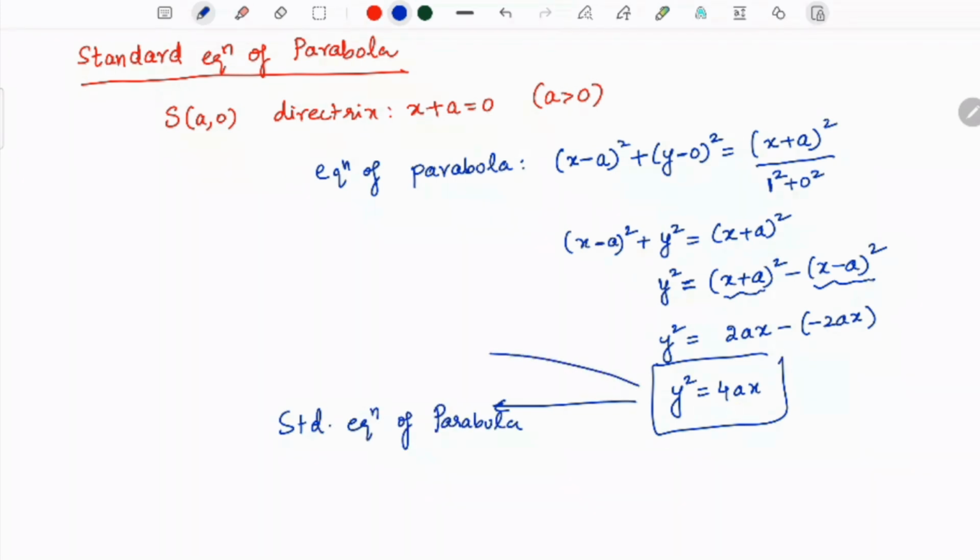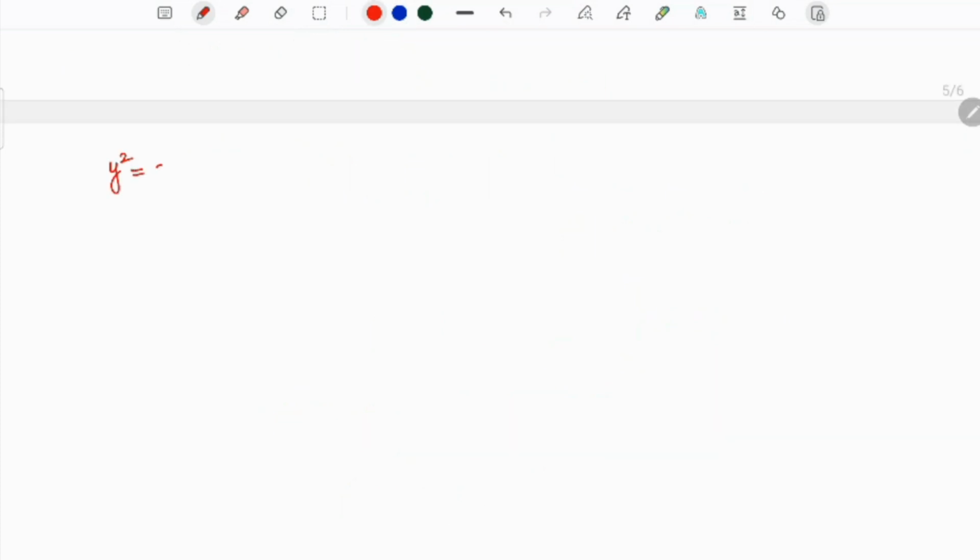So if someone asks, okay, this is a parabola, now where is its focus? Immediately what should be said? Focus is at (a, 0). What about the directrix? x plus a is equal to 0. For this parabola, find what is the focus and what is the directrix.